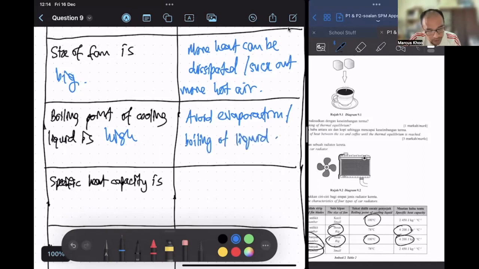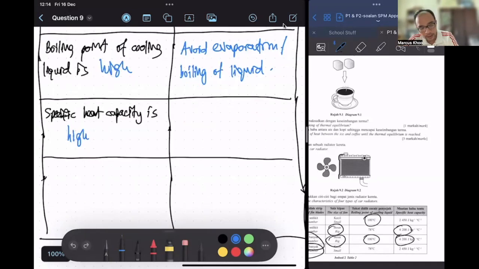Okay, specific heat capacity, again, we have two choices, either a low specific heat capacity, 2450, or a high specific heat capacity, which is 4200. So we want the specific heat capacity to be high. A high specific heat capacity usually comes with a set answer, which is that it is able to absorb more heat before rising in temperature.